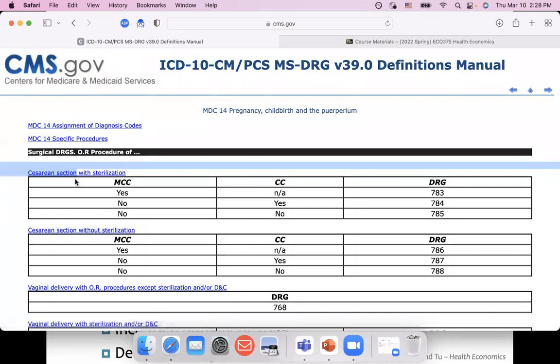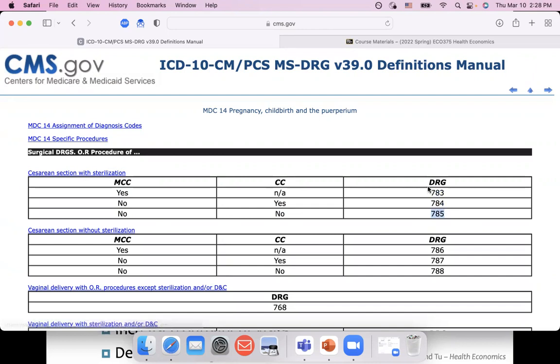With sterilization, I'm going to divide them by yes, with major complications. MCC is major complications. The second one is CC, which is complications, but not major complications. And the last one is no major complications, no complications, which is just a normal C-section with sterilization.